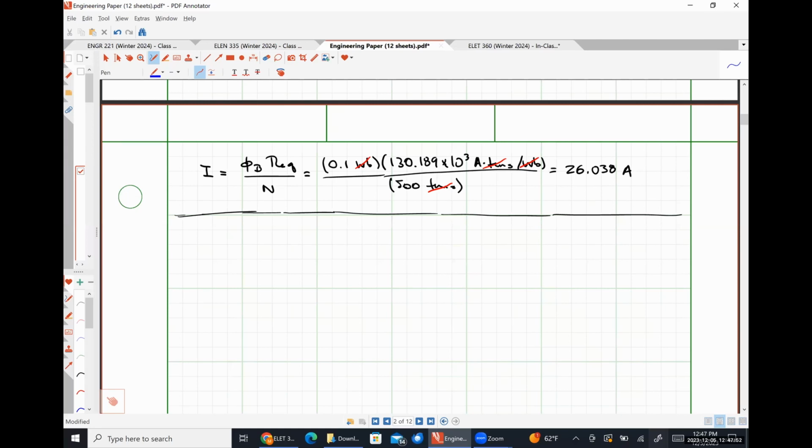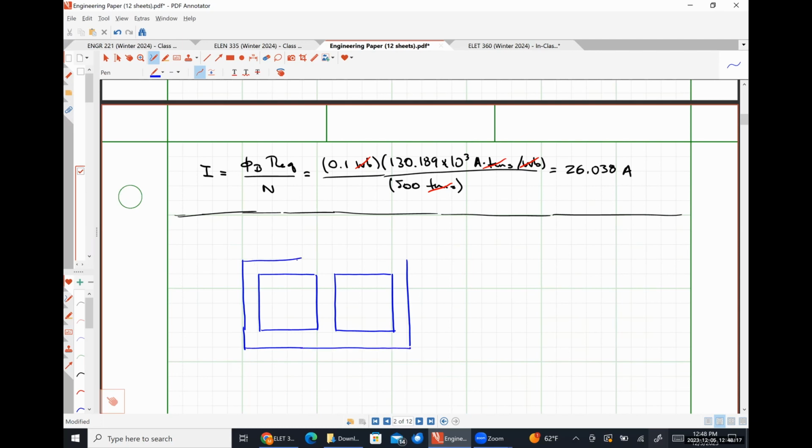So let's say that my core structure looks something like this, almost like a cinder block.